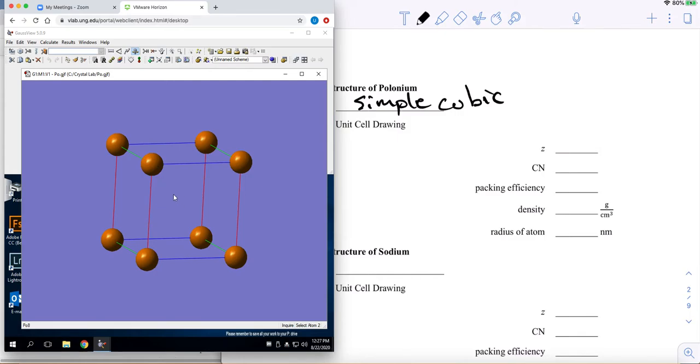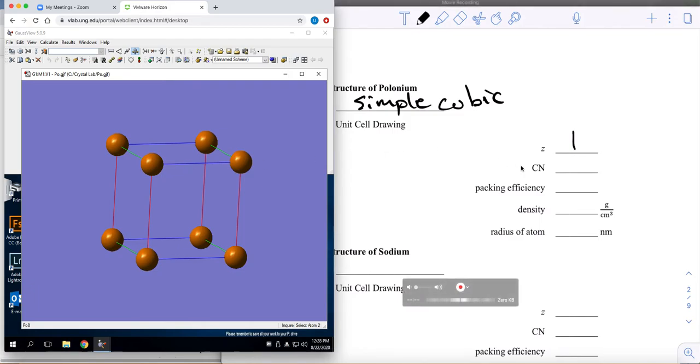Conveniently, the math works out nicely. If we have 8 corners and it's 1/8 of an atom each, that means our Z for a simple cubic structure should just be 1. We have a total of 1 full atom inside the unit cell. And if we remember that the corners all add up to 1, that makes finding Z for our other structure types a lot easier when we see our body-centered cubic and face-centered cubic examples coming up shortly.